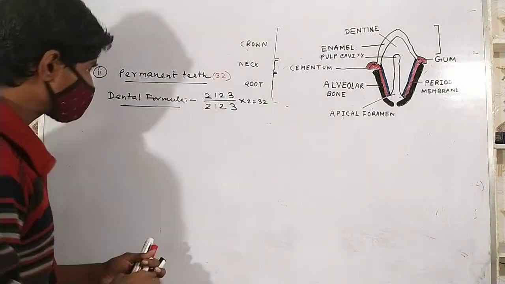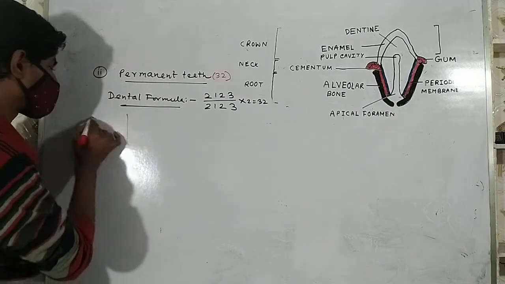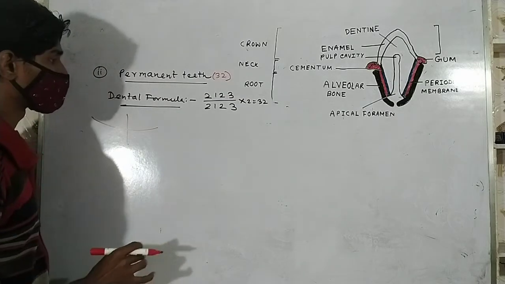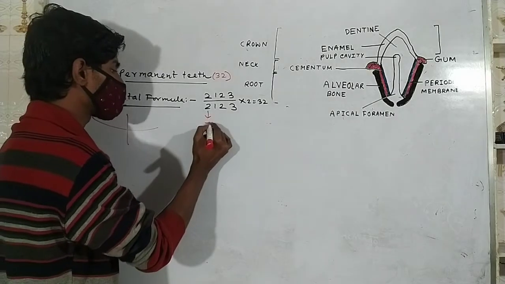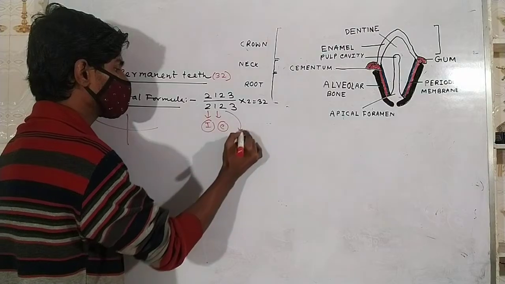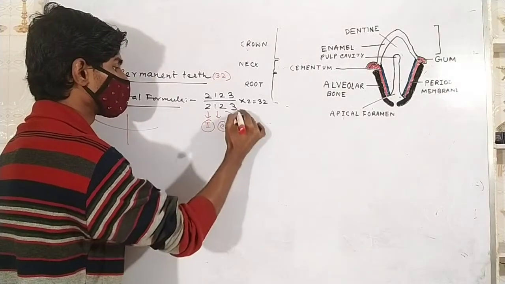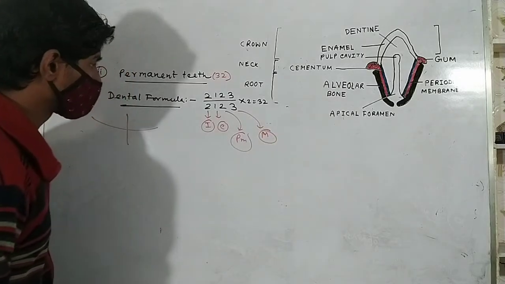So you can easily understand that if we divide the entire framework into 4 quadrants, each quadrant will have 2 incisors, 1 canine, 2 premolars, and 3 molars.